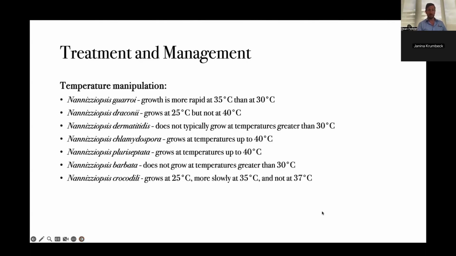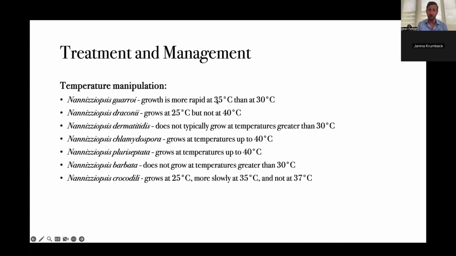One thing I want to mention is that one of the benefits of being able to identify different species of fungus is that you can use temperature manipulation to help your treatment. It's difficult to tell how effective this is, but one example would be Nannizziopsis guarroi, which is probably the most prevalent that we see in clinical practice.